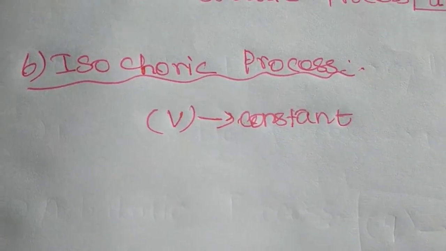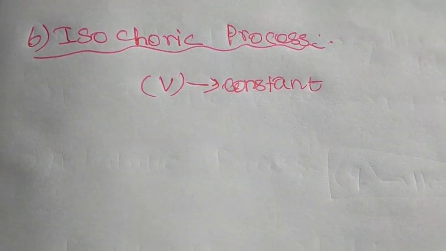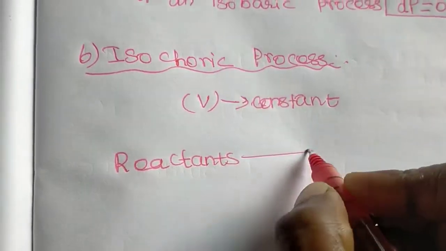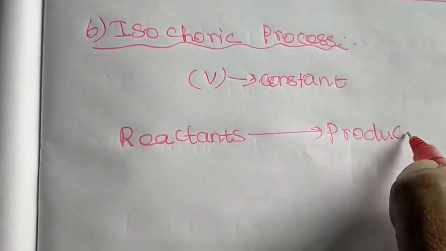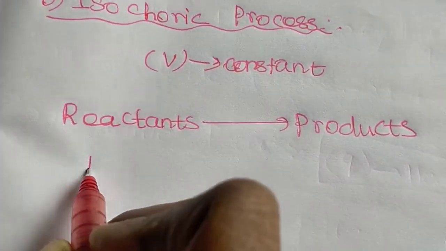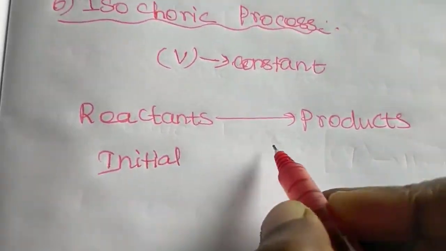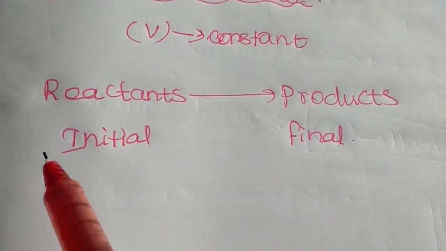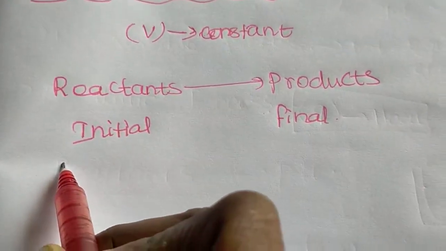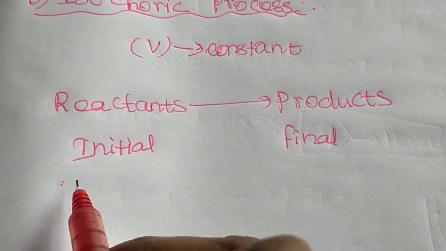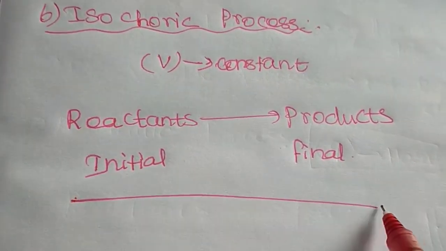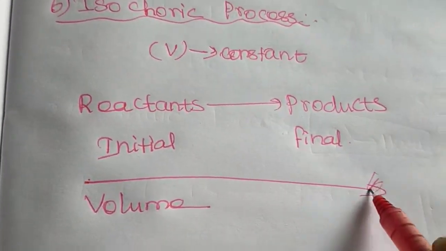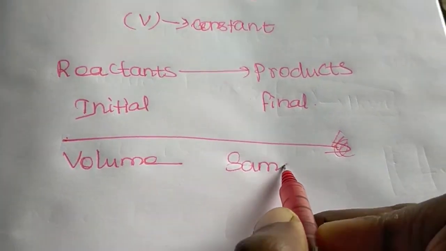When you move from the reactants to the products of a reaction, throughout this reaction the volume used for the reactants is carried into the products. The volume is the same.